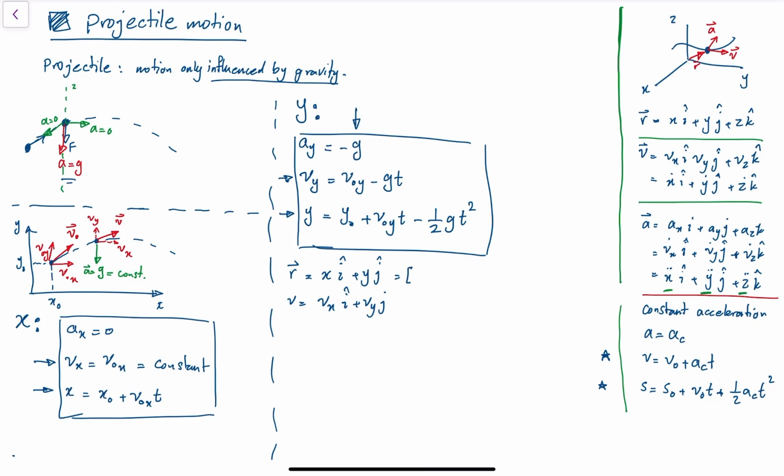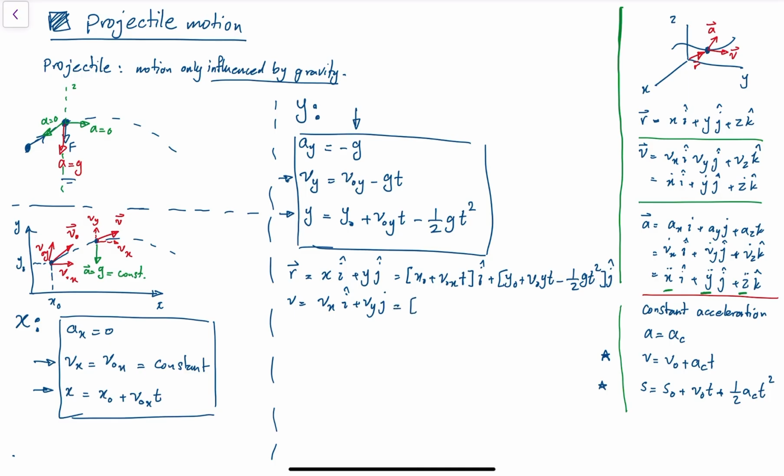X is going to be x naught plus v naught x t in i direction, plus y naught plus v naught y t minus 1/2 gt squared in j direction.